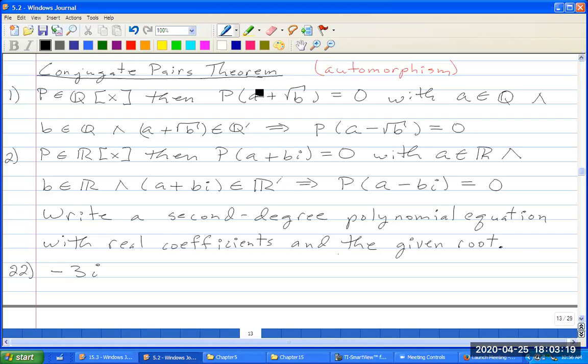So what you notice is that roots come in conjugate pairs. If the solution to your polynomial was of the form 2 plus the square root of 3, then 2 minus the square root of 3 is also a solution.